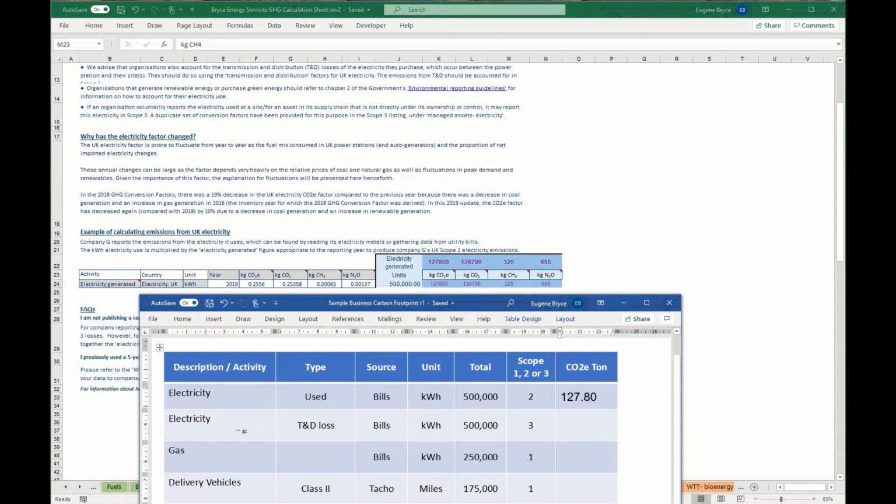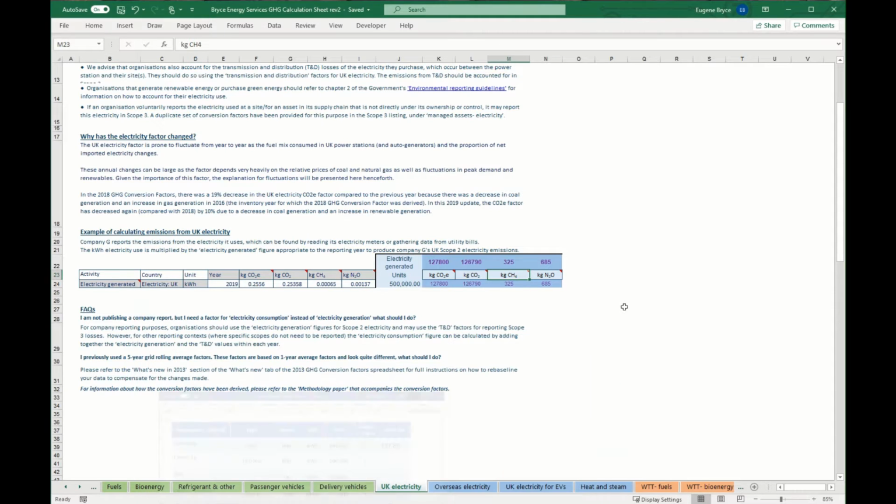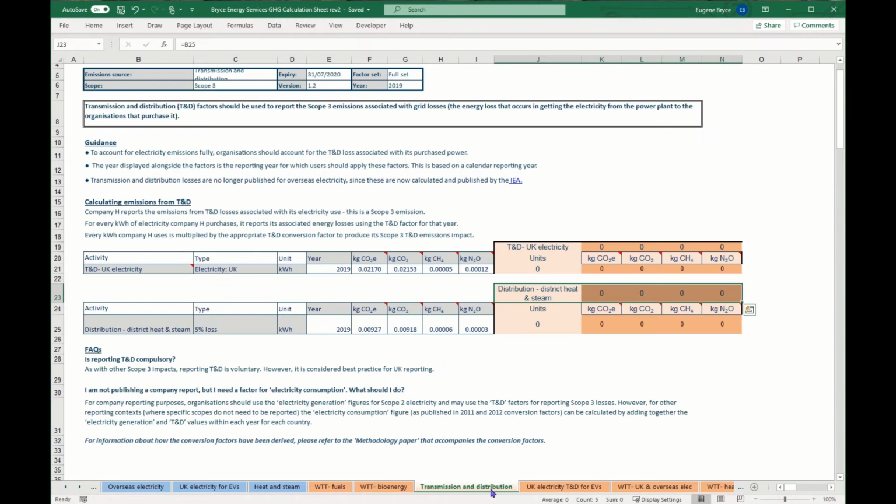Now we want the same for scope 3 T&D losses. So along our sheet to scope 3, UK T&D for EV, transmission and distribution. What we have here is UK electricity. This is the efficiency losses in the network, and it's scope 3 because it's the responsibility of the electricity distribution companies.